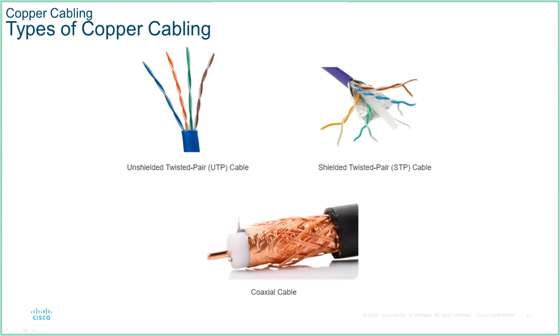Coaxial cable: solid core, plastic sheath, and then a copper braiding over the top of that, which is your shielding, and then your PVC outer sheath, which is mechanical protection.